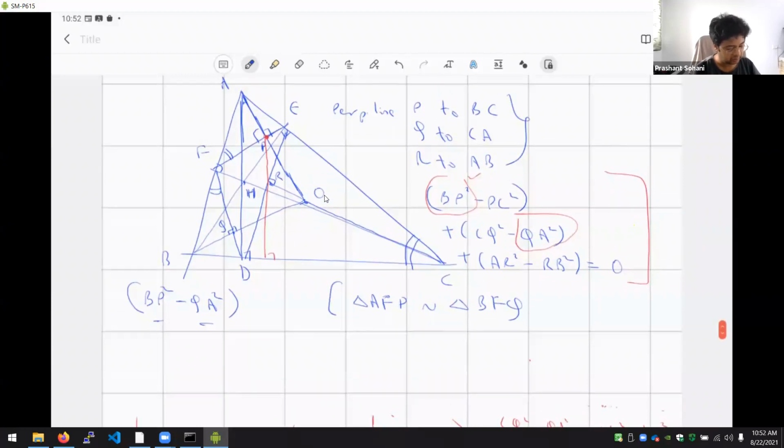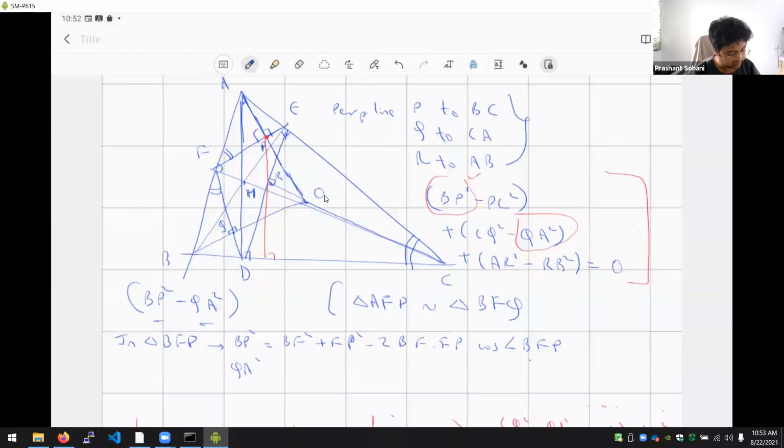So for BP in triangle BFP, by cosine rule, how much is BP square equal to? BP square is BF square plus FP square minus twice BF into FP into cos of angle BFP.